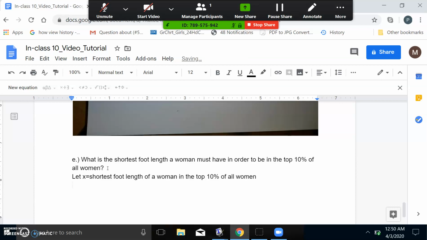Note here that a foot length of X would be larger than 90% of women's foot lengths.